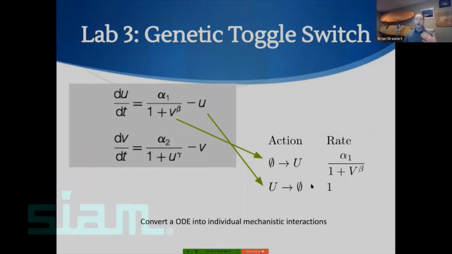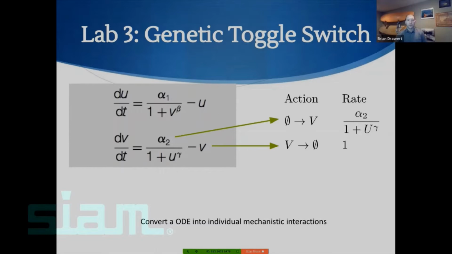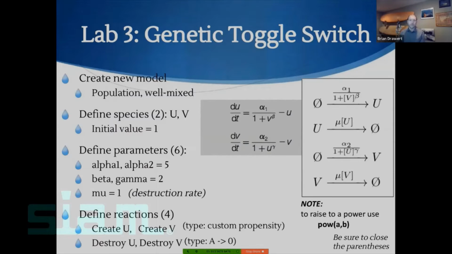So changing this, du/dt equals alpha 1 over 1 plus V to the beta minus U, into these 2 different reactions is an important piece of understanding. Now we can do the same exact procedure to the V equation, right? So we have a creation mechanistic interaction for V, and we have a destruction mechanistic interaction for V. So we put that all together.